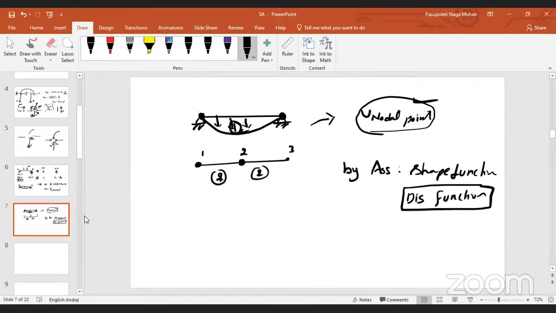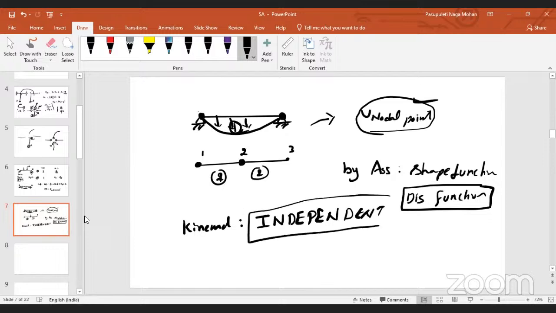So whenever someone explains what kinematic indeterminacy is, the first point you will say is independent. Always we have to see how many independent.